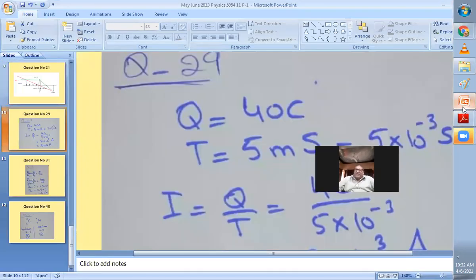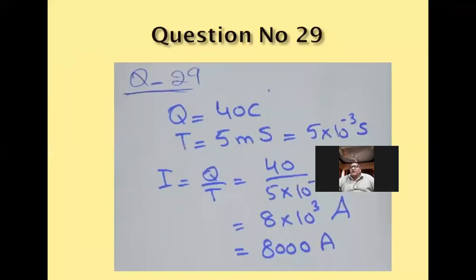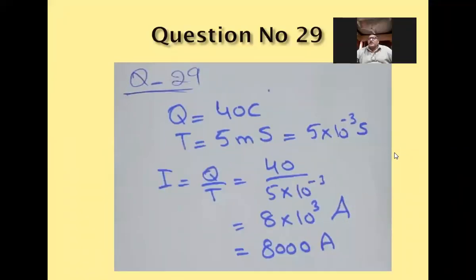Let me show you my work. Here you go. Q is given as 40 coulomb, the time is 5 milliseconds, 5 times 10 to the power minus 3 seconds. I equals Q divided by T equals 40 divided by 5 times 10 to the minus 3. So 40 divided by 5 is 8, and 10 to the power 3, so it will be 8,000 ampere.